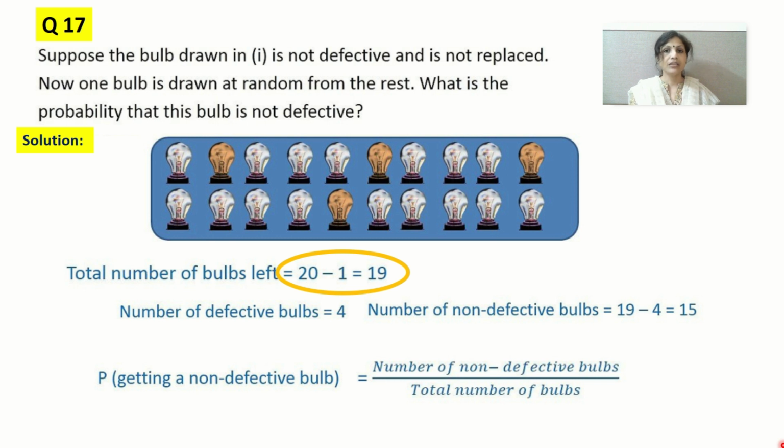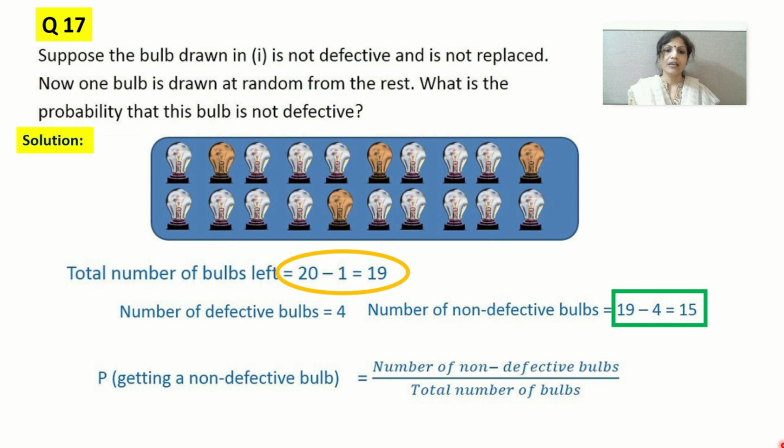Now in the first case we studied that there are 4 defective bulbs in this lot of 20. So from the remaining 19 bulbs, let's first take out the 4 bulbs which are defective. So number of non-defective bulbs will be equal to 19 minus 4, and that is 15.